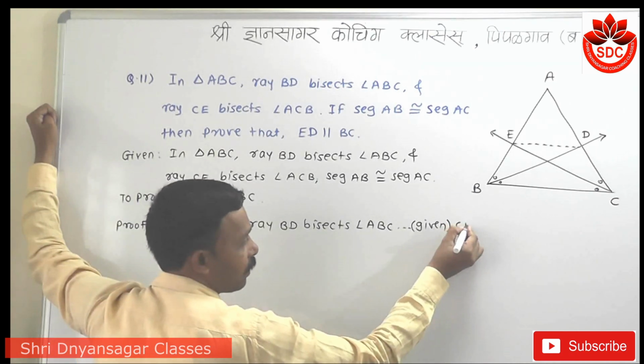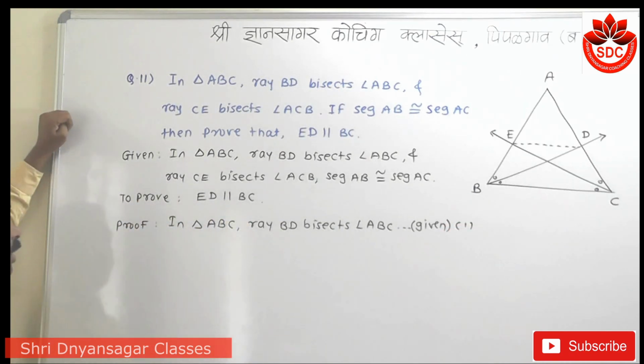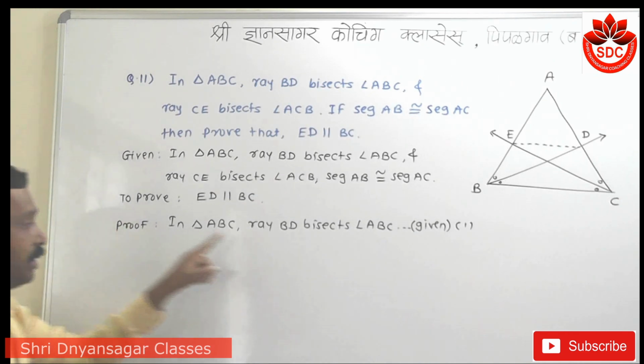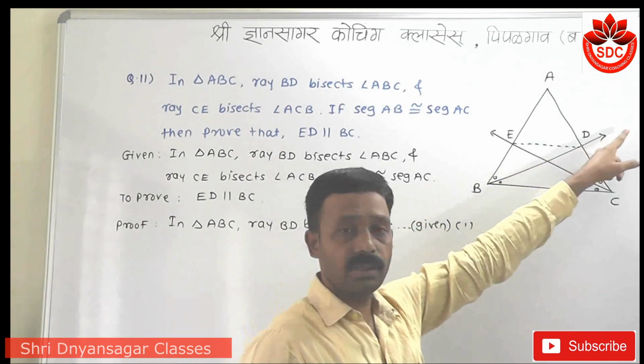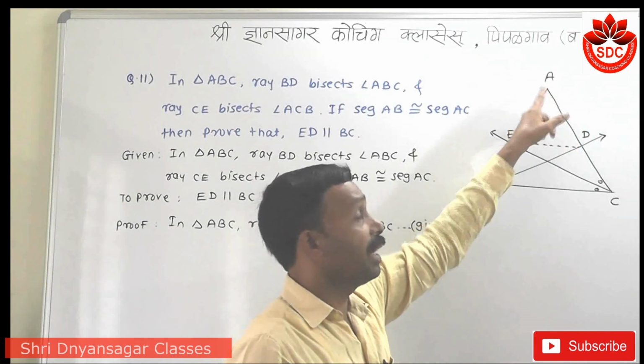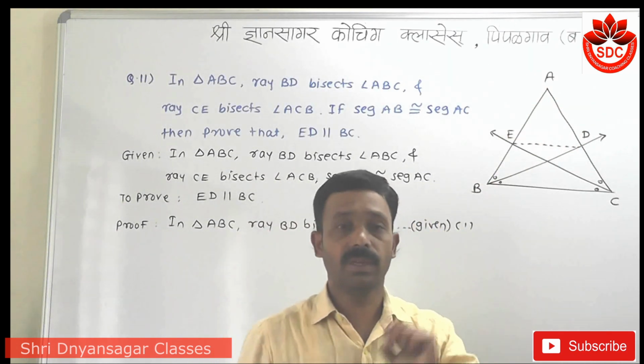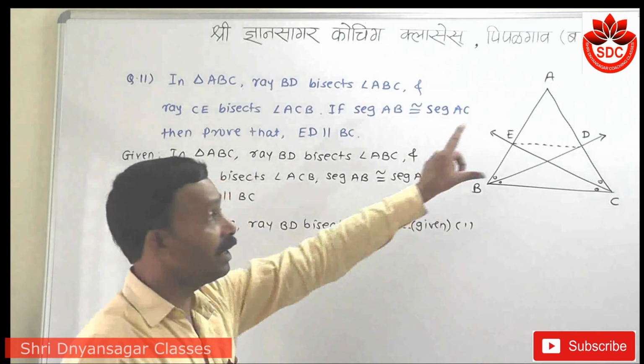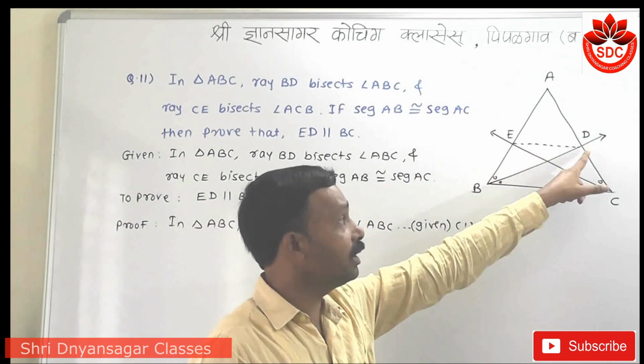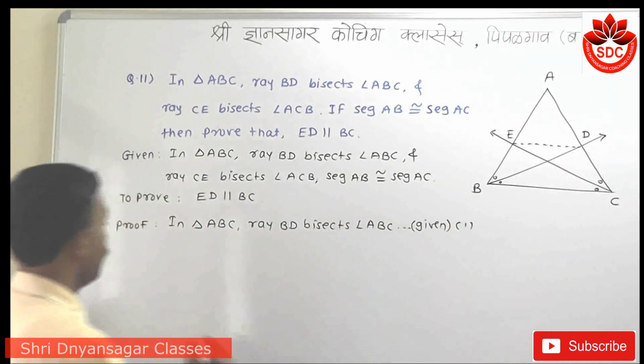Now, if this ray BD bisects, then by using the property of angle bisector of a triangle, we have to write the ratio of the sides opposite this angle.